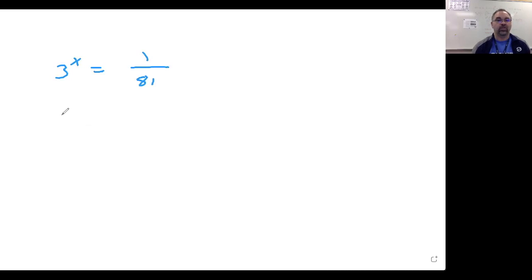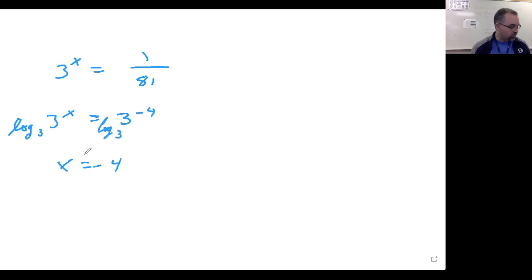So this could be as simple as saying, hey, that's 3 to the -4 power. That's 3 to the x. Take a log base 3 on both sides, and there you go. You get x equals -4. That's easy peasy. It's just using a different logarithm base every time you have a different exponential over there.